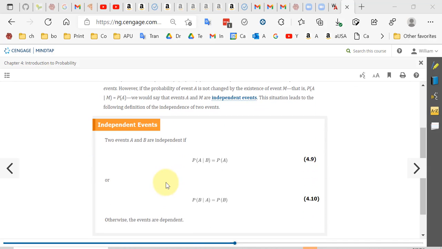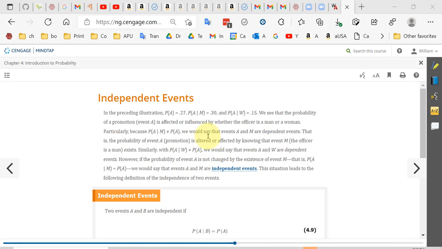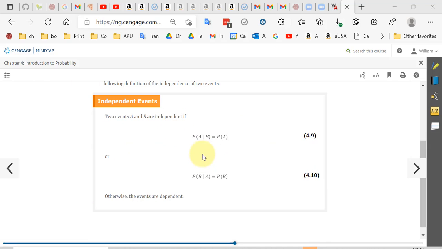So now we have a justification for why we would make this definition for the phrase independent events. And it could be A given B equals the probability of A, or it could be B given A equals the probability of B. So it's the same statement, really.